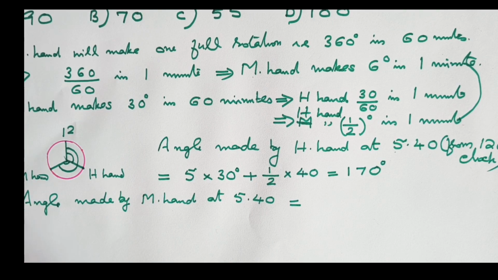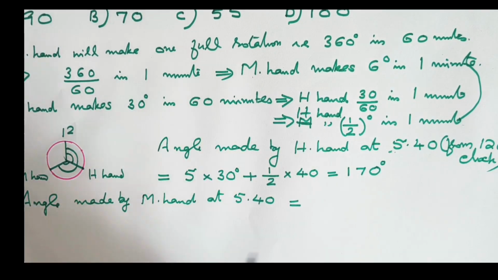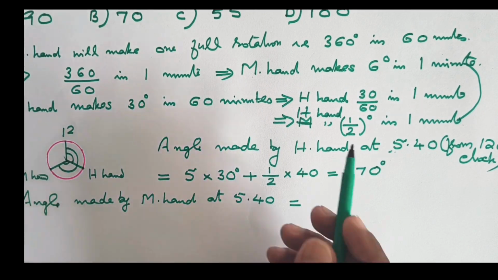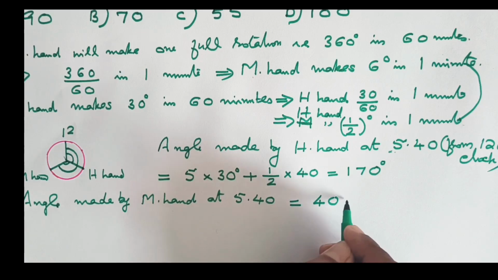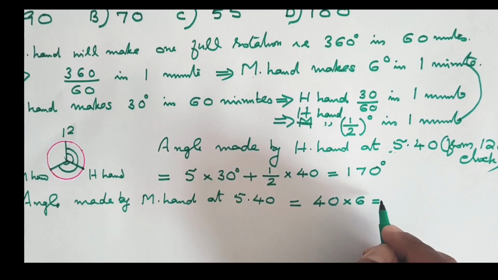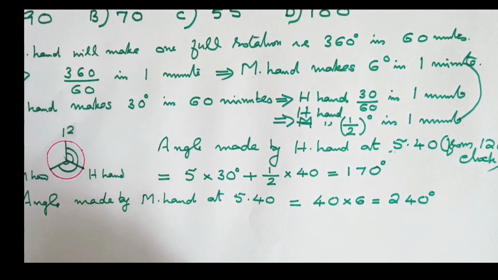So we need to consider only the minutes given in the required time. Just means 40 minutes. During 40 minutes, what would be the angle made by the minute hand from 12 o'clock position? So in 1 minute, you've already seen that the minute hand makes 6 degree. So in 40 minutes, 40 multiplied by 6 will be the total angle made by the minute hand in 40 minutes, which comes to 240 degree.